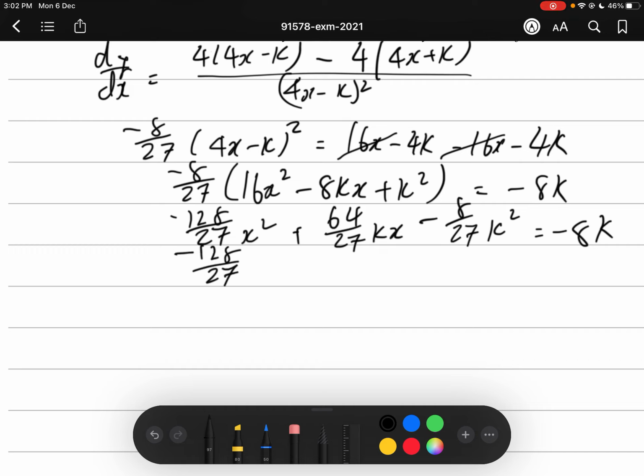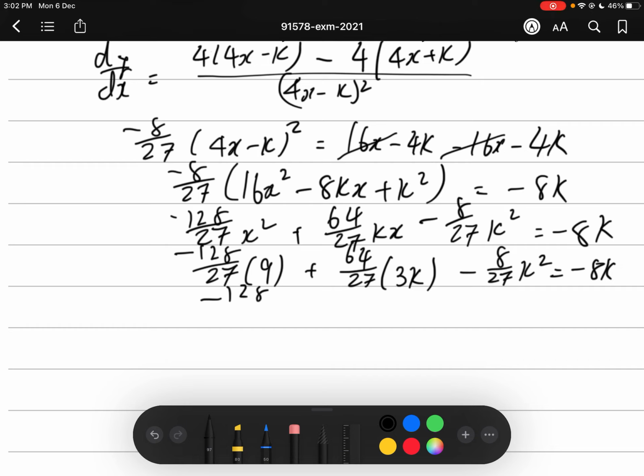So negative 128 over 27 times 9, plus 64 over 27 times 3k, minus 8 over 27 k squared equals negative 8k. So negative 128 over 3 plus 64 over 9 k plus 8k minus 8 over 27 k squared equals 0.